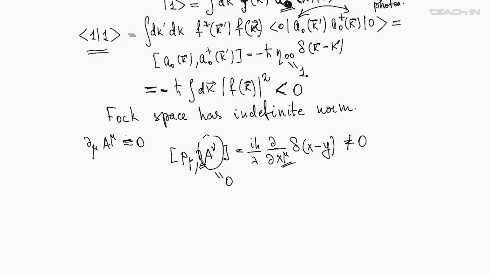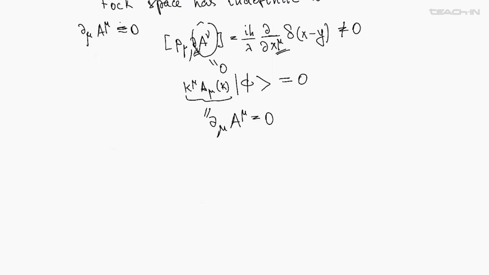In other words, restrict the Hilbert space to those states phi which satisfy, in the momentum space, the condition k mu A mu of k acting on state phi is equal to 0, which is the momentum space analog of the condition d mu A mu equal to 0.